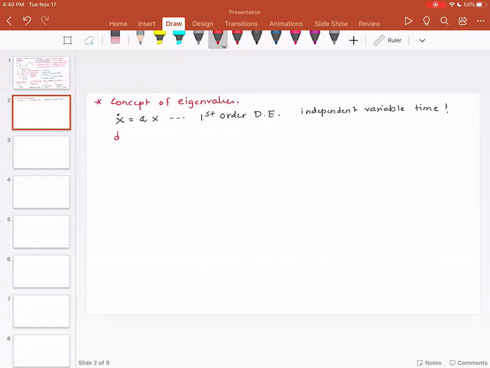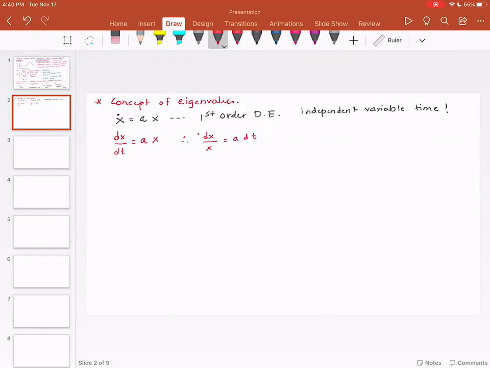And I worked out this example earlier but I just want to explain this once again. So this equation becomes like this. I need to separate the variables so that this equation can be solved. So I would have dx over x is equal to a dt.